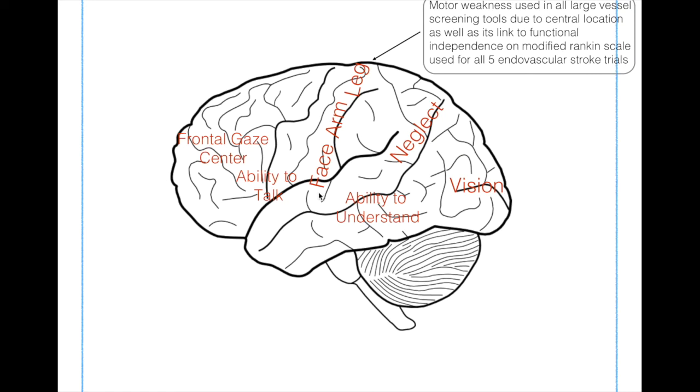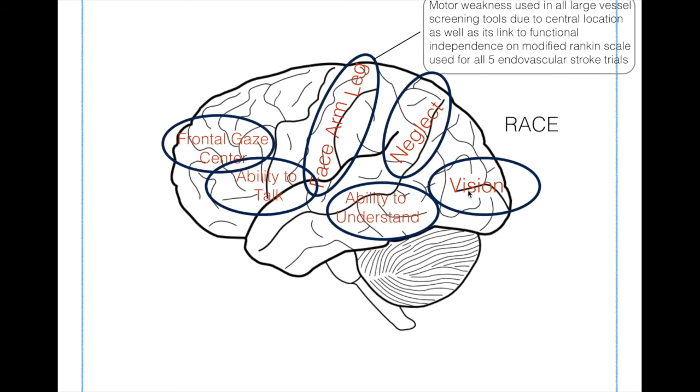Motor weakness is used in almost all of the large vessel screening tools due to its central location, as well as its link to functional independence on the modified Rankin scale. This modified Rankin scale was used for all 5 endovascular stroke trials. So technically, having this type of weakness can predict, in a sense, if taking the clot out and giving you the ability to move again will make a difference in your functional outcome, right?